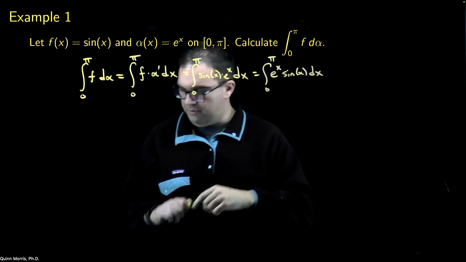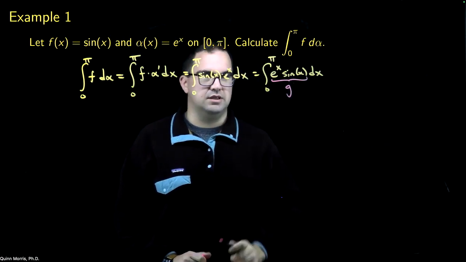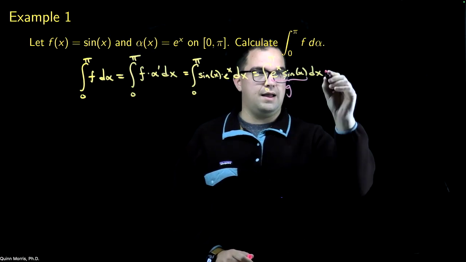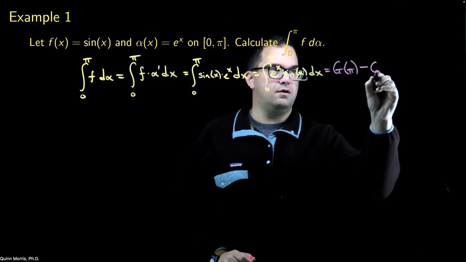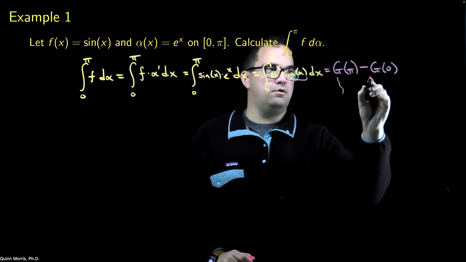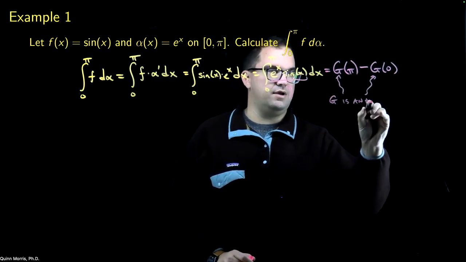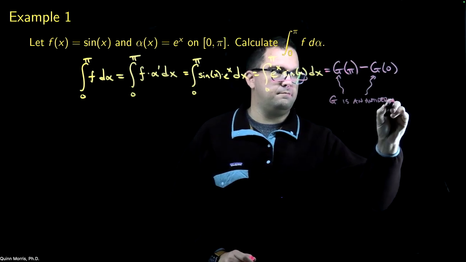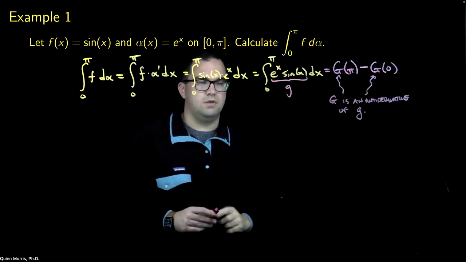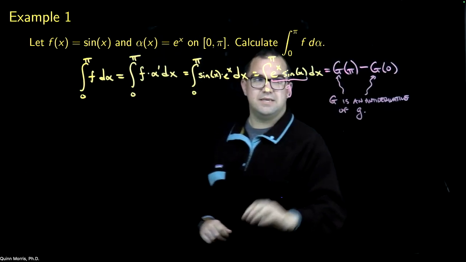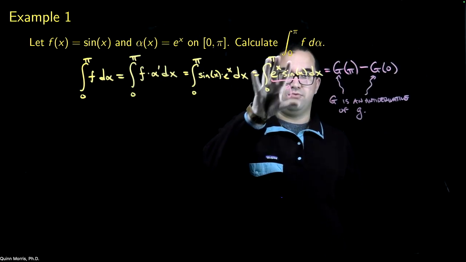So if I imagine this is some function little g, I could apply the fundamental theorem of calculus and say, well, this will just be capital G of pi minus capital G of 0, where I'm assuming that capital G is an antiderivative of little g.